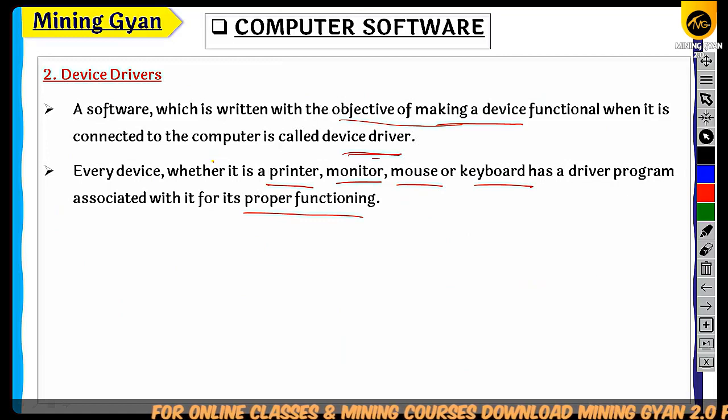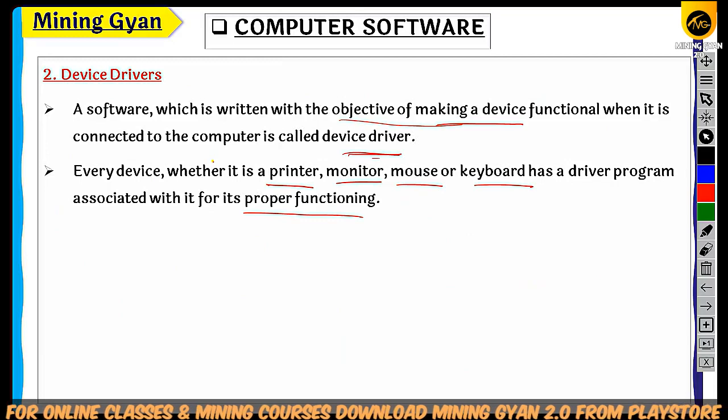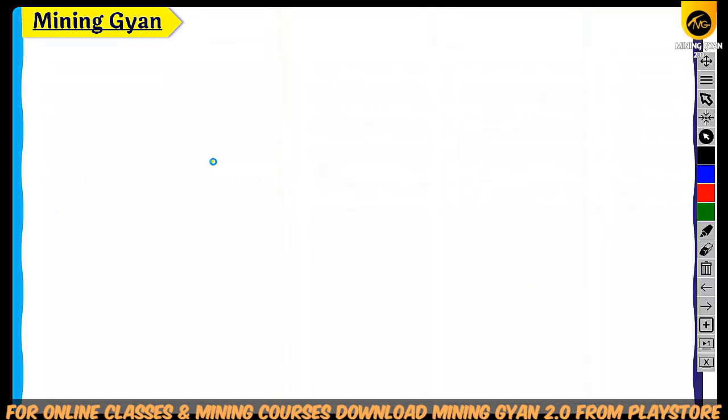But nowadays all the devices have inbuilt drivers, so there is no need for any extra drivers to operate those devices. In the latest technology all the devices have inbuilt driver programs. Okay, so these are also a kind of software.